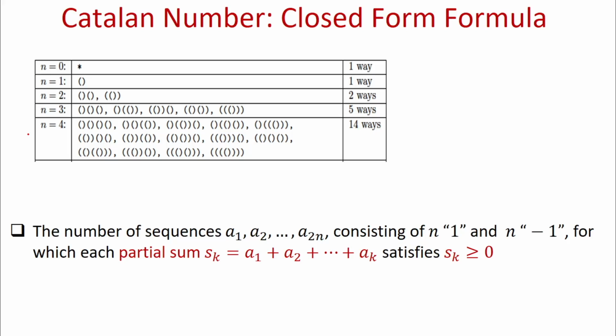So basically my sequence has the values, the first value is a of 1, which could be either +1 or -1. I have the second value again, which could be +1 or -1, and like that I have the 2nth value, which could be +1 or -1. The first restriction is that in this sequence of 2n values, +1 should be there at n positions, and -1 should be there at n positions. That's one of the restrictions.